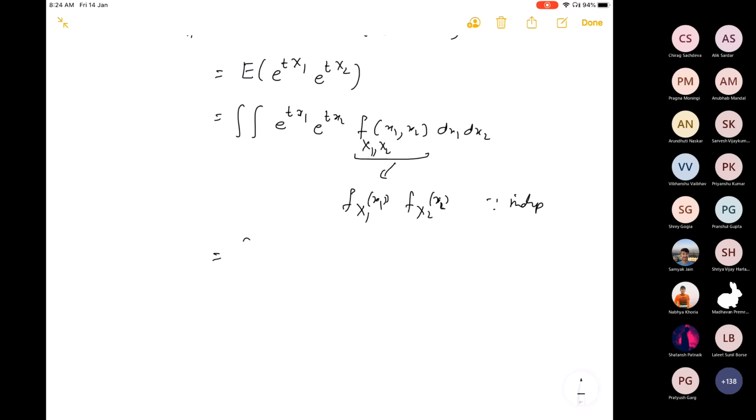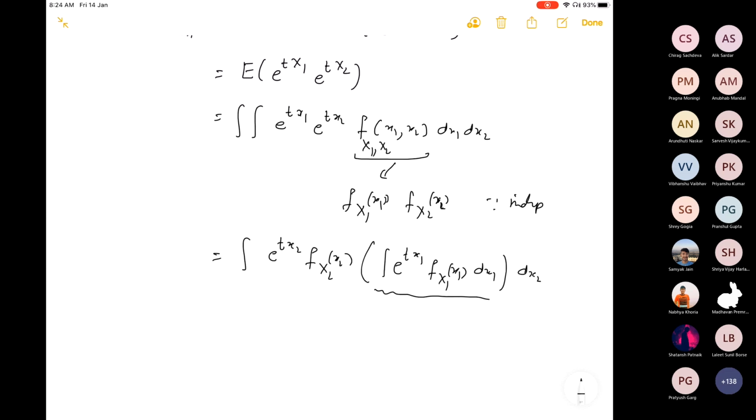Therefore this will be the integration of e raised to power t x2 f x2 of x2 into the integration of e raised to power t x1 f x1 of x1 dx1 dx2, just separating the terms.